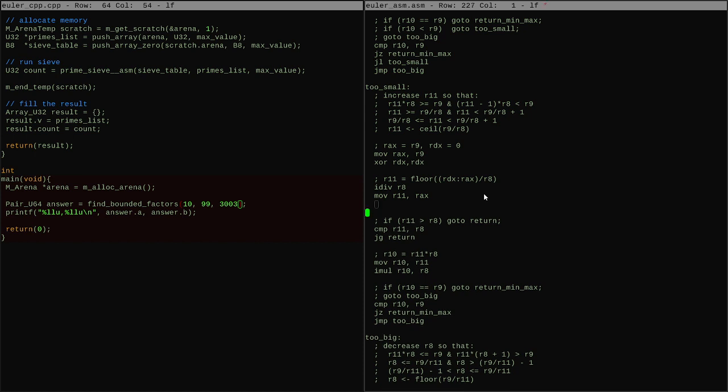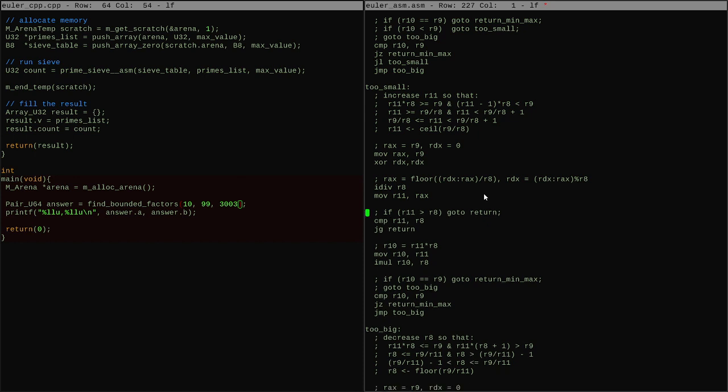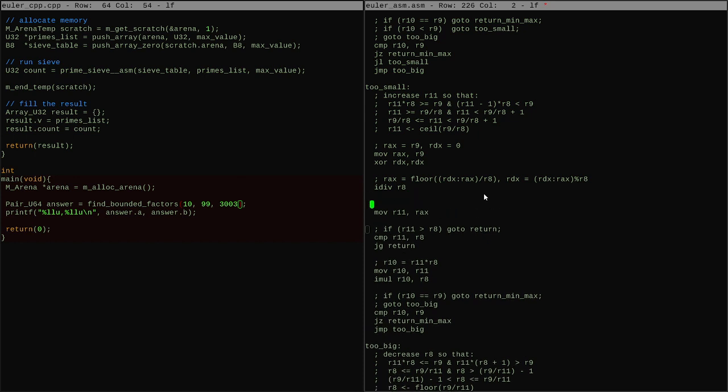So modulo R8, then we just get R11 equals this.